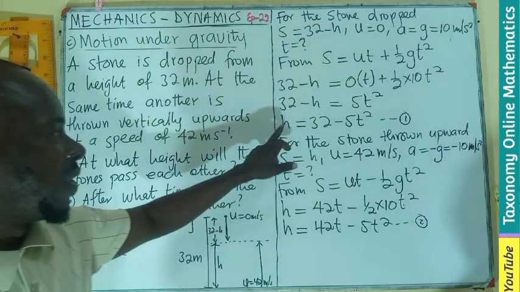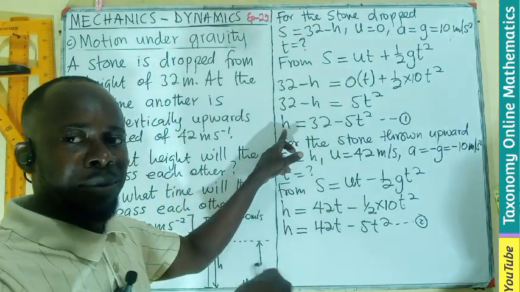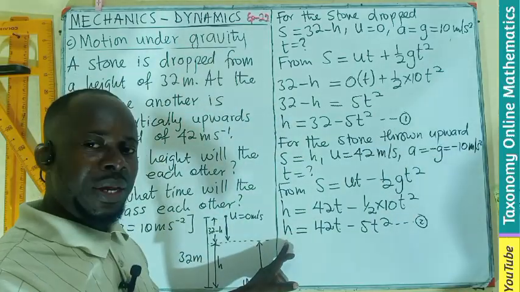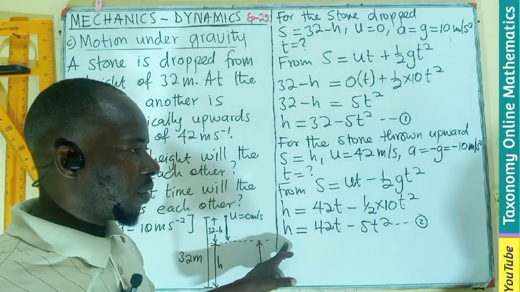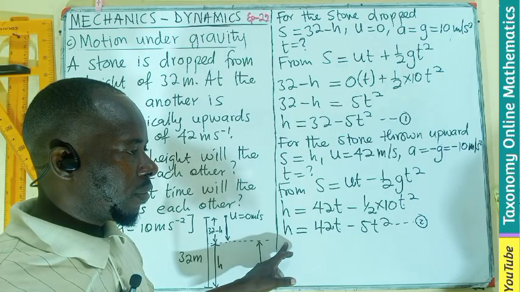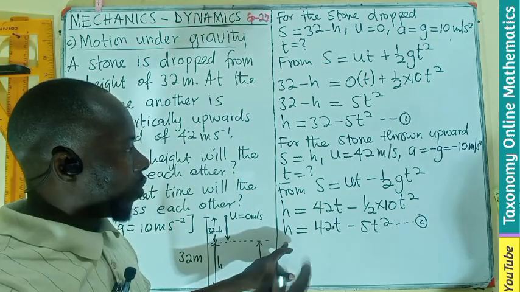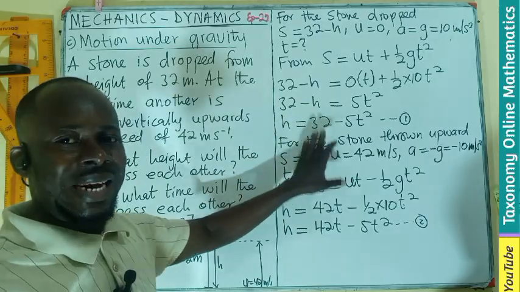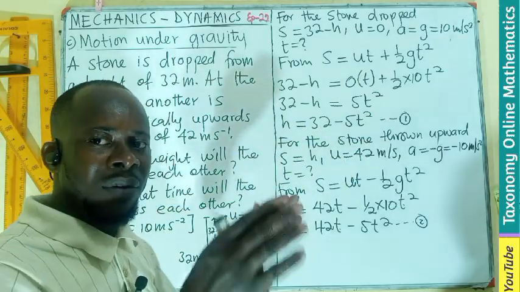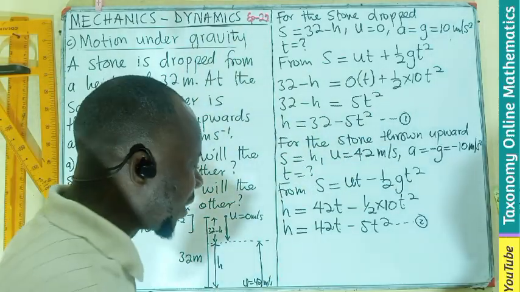If you check the first equation, h in terms of t, and the second, h in terms of t. If the h are the same on the left side of the equal sign, then the right side of the equal sign of the two equations will also be the same.